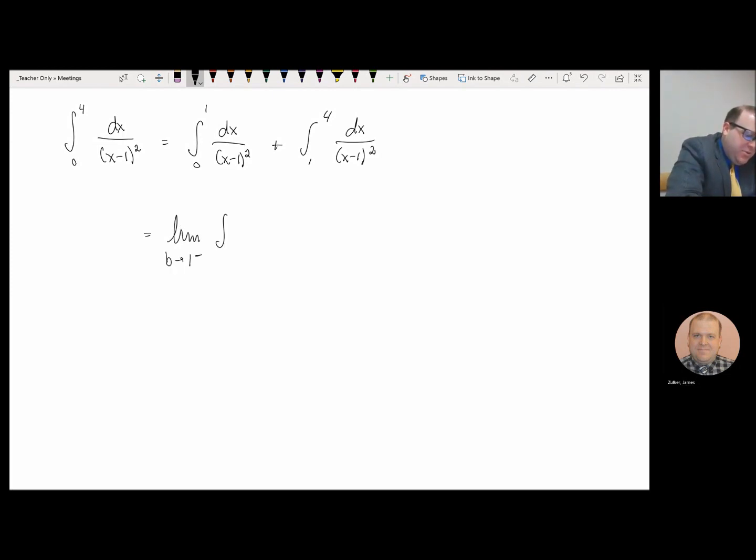Well, that's much like what we've been doing. But that second one, the discontinuity is the lower limit. Here we'd have to approach from the right, because we're approaching from 4.